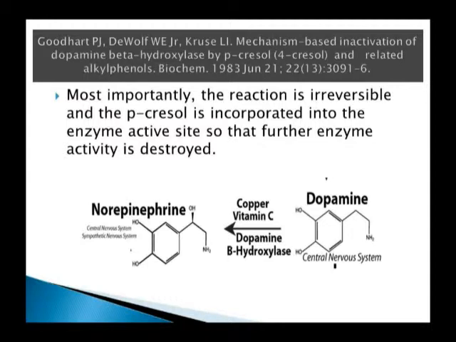So what I've done clinically in my practice anymore is when I have a person where I see the p-creosol high, and I'll also do it honestly if I see the HPHPA high, and we have a negative influence where the HVA level is high and the ratio between HVA and VMA is high. Usually that ratio between HVA and VMA, you know, ideally should be around 1.5 or so.